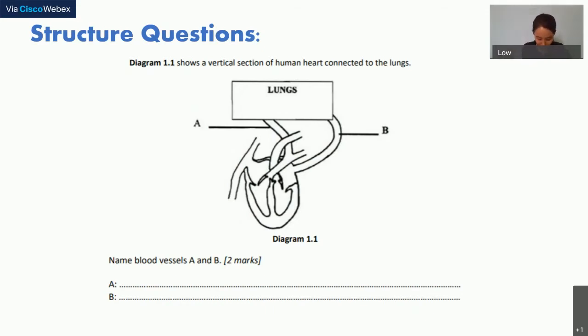Wait for your answer. Remember, blood vessel A goes from your heart to your lungs, and blood vessel B goes from the lungs back to the heart. A clue for you: pulmonary. So what's the answer?